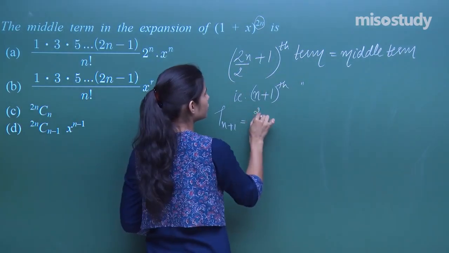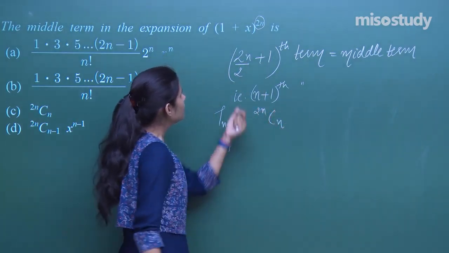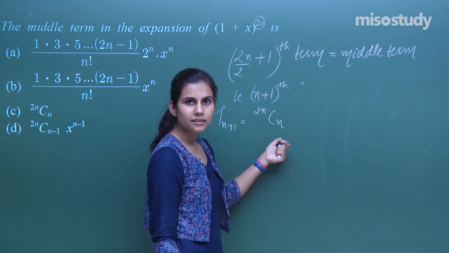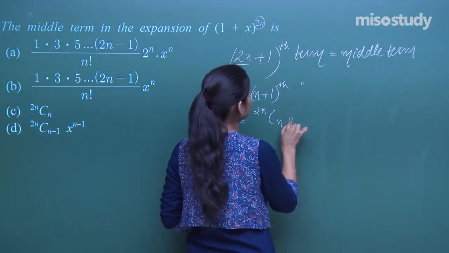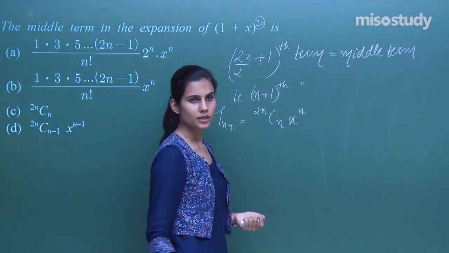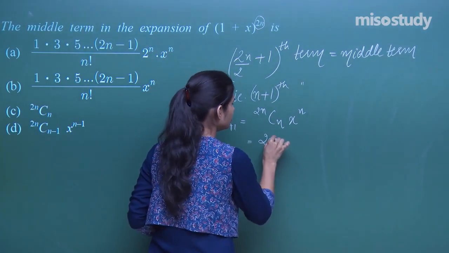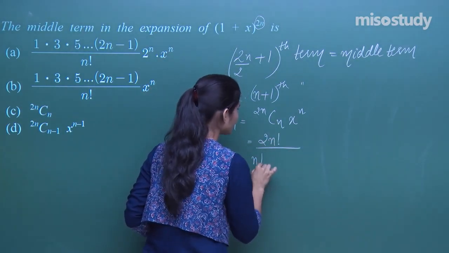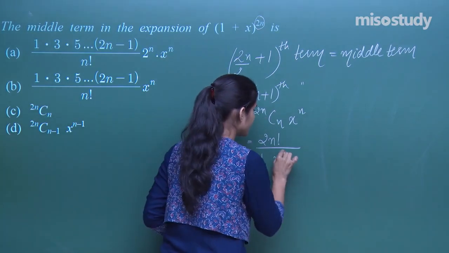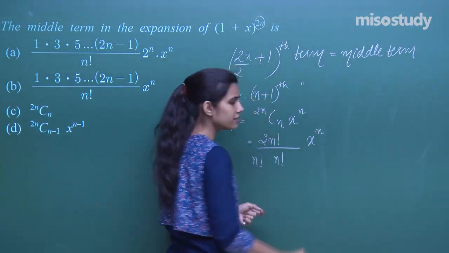So, the index is 2n. 2nCn, 1 to the power 2n minus n, that is 1 only, into x to the power n. So this is 2n factorial upon n factorial into (2n minus n), that is again n factorial, into x to the power n.